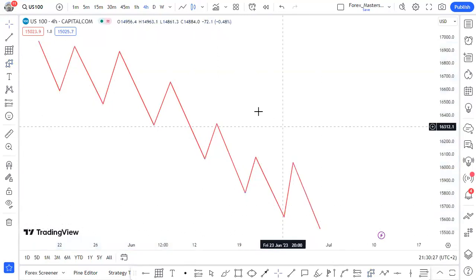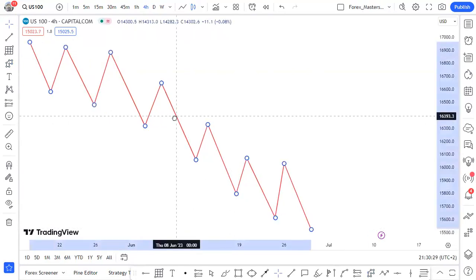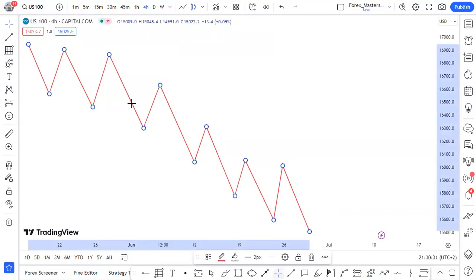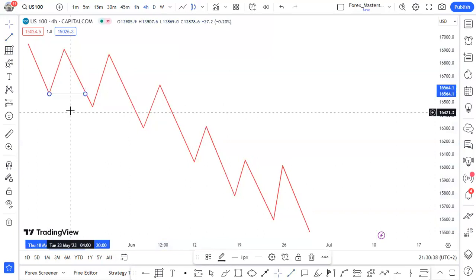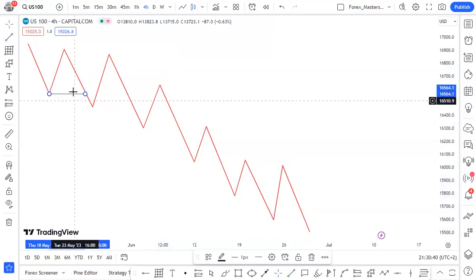So once we have this kind of an arrangement right here, one thing that was common is that price kept breaking structure to the downside, and we kept on having these lower lows and lower highs being printed in the market.